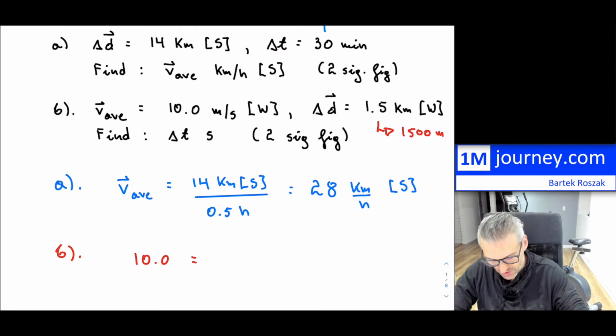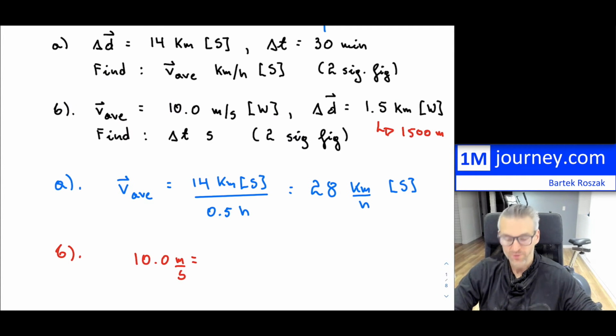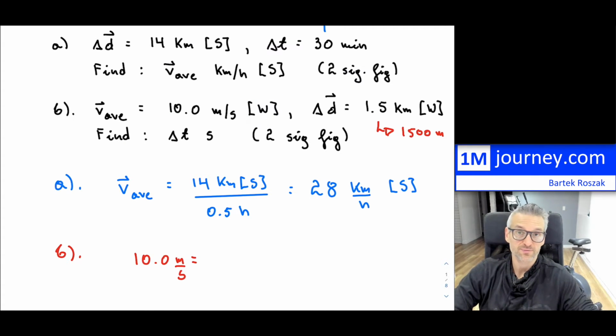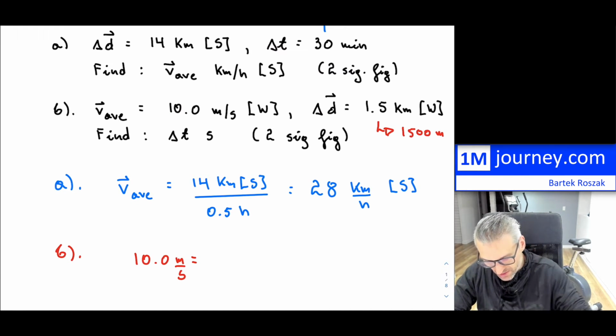So here, this is going to be 10. Maybe I'll put them in here just for completeness. This is going to be meters per second. Do you have to put in your directions? You do not, right? Once you make all of them, say west in this case, you don't have to necessarily put them in. Now, the displacement on its own is going to be 1,500 meters.